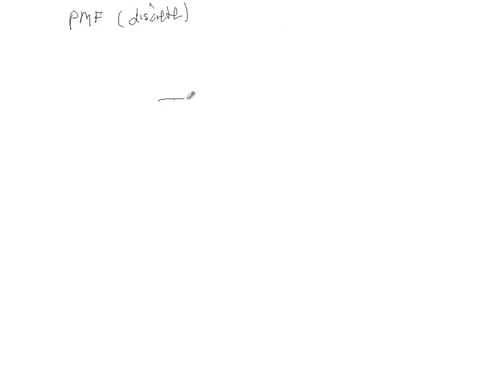So the way that we represented probability mass function was we would represent the possible values of the discrete random variable. And let me call this value 1, value 2, value 3, value 4. Okay?